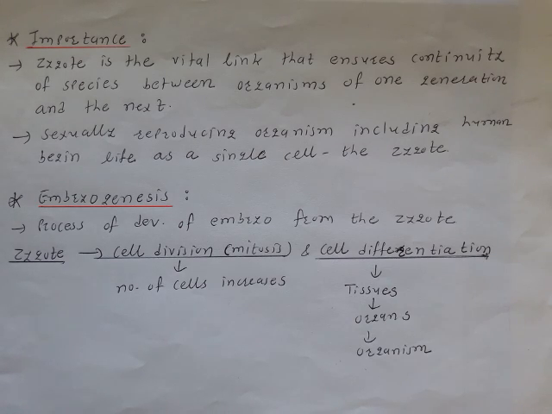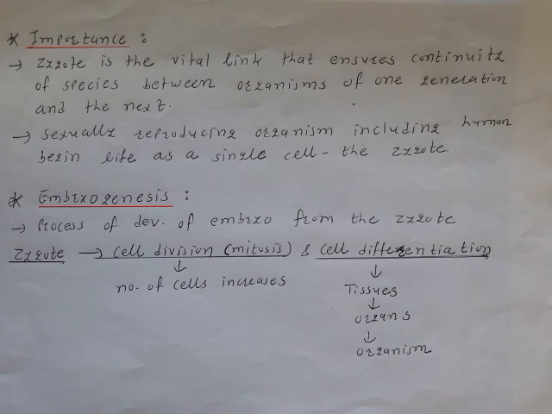Now, the mechanism of embryogenesis. After zygote formation, it undergoes mitotic division. The zygote, 2n, continuously divides into many cells which are also diploid and results in a new organism. How does it take place?